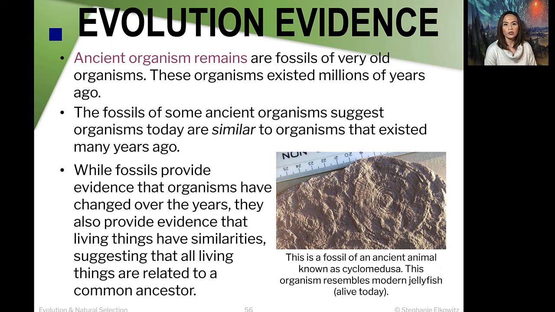And while fossils provide evidence that organisms may have changed over the years, they also provide evidence that living things have similarities, suggesting that all living things come from a related common ancestor. If you take a look at this image right here, this is a fossil of an ancient animal known as the Cyclomedusa. And this actually resembles the modern jellyfish that we know today.